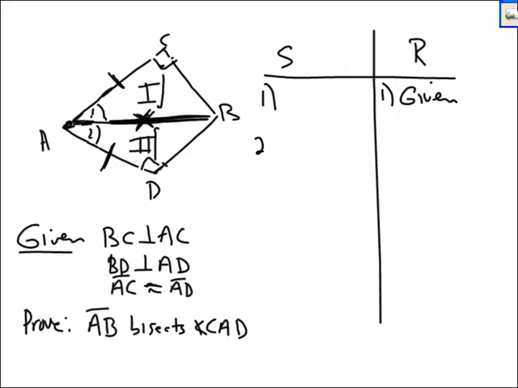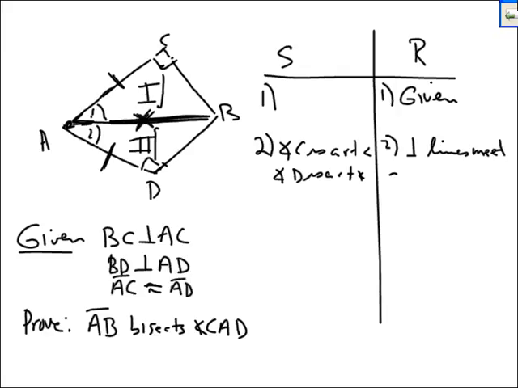Okay, so first I have to say that angle C is a right angle. Angle D is a right angle. Why? Perpendicular lines meet at right angles. Okay.